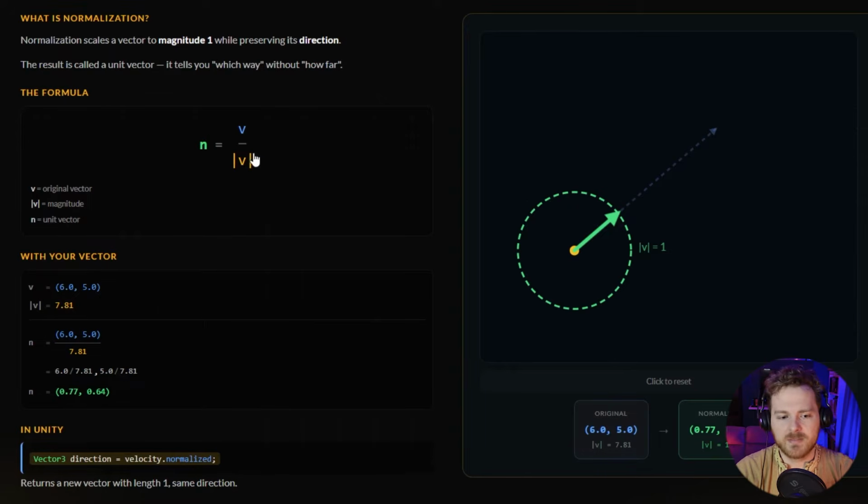Ultimately, it means that we grab the x and y components and divide them individually by the magnitude of the vector. So in this case it's 6.0, 5.0 divided by 7.81. And after everything, we have 0.77, 0.64. And that's the normalized vector.